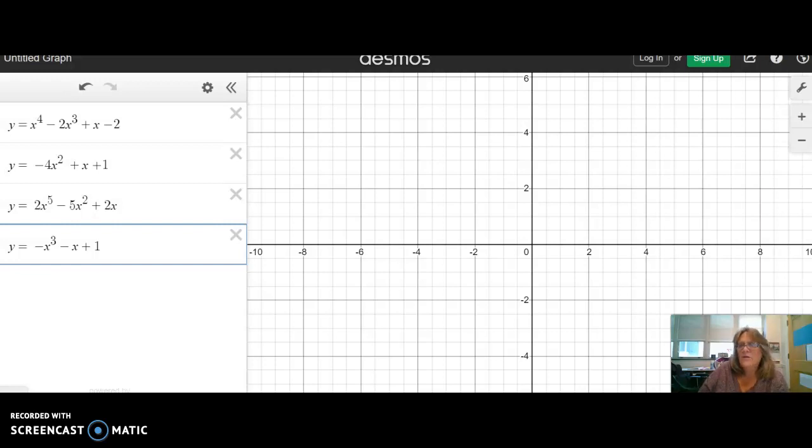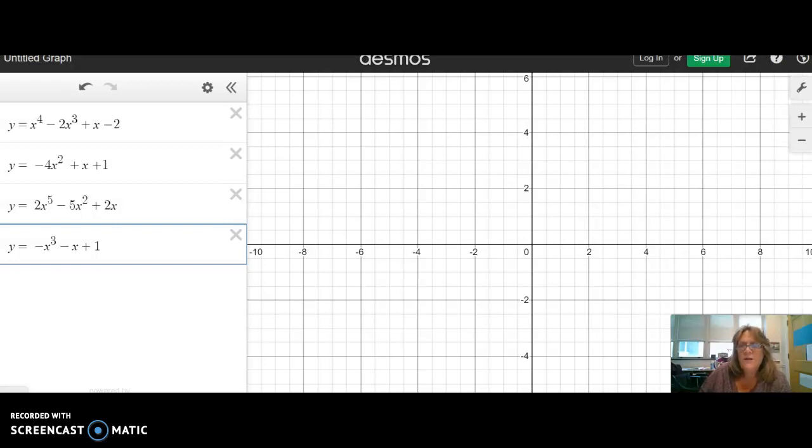So you see y is equal to x to the fourth minus 2x cubed plus x minus 2. I've got four equations here. And what I want you to notice, look at the first two equations. Notice that each one of them, the largest exponent, they're even. So these are called even functions.